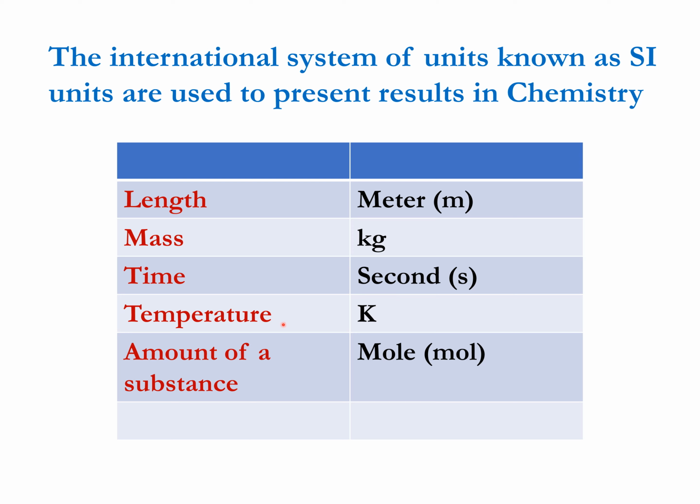The SI unit of temperature is Kelvin. The amount of a substance is in mole. So these are known as SI units, and if you are presenting any chemistry results, you must use these SI units to present them.